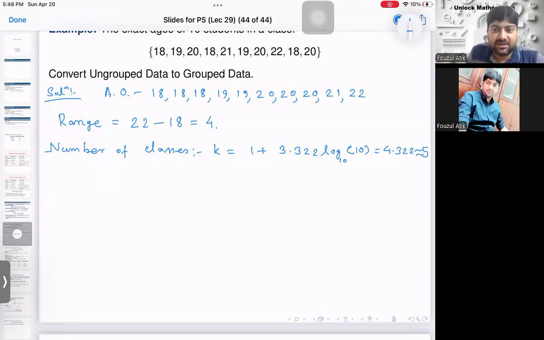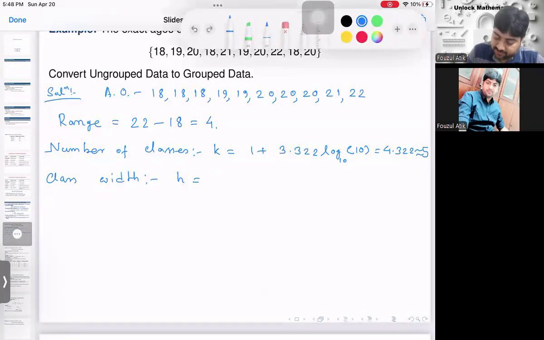Next is the class width. Once you decide the number of classes, we can find what should be the length of each interval. The class width is h equal to the range divided by the number of classes.